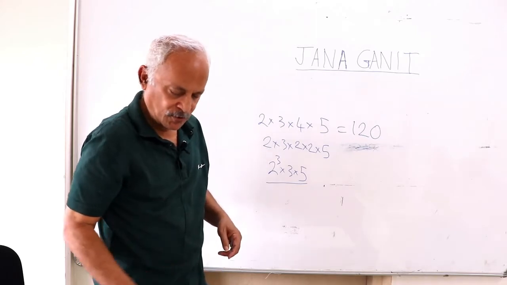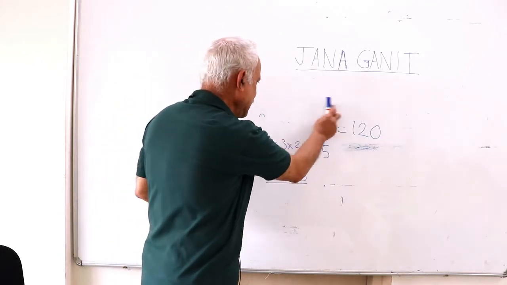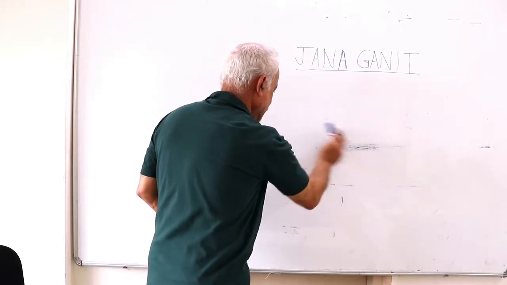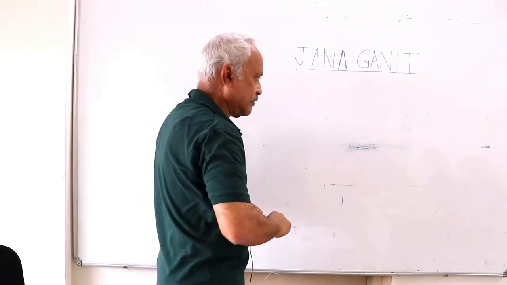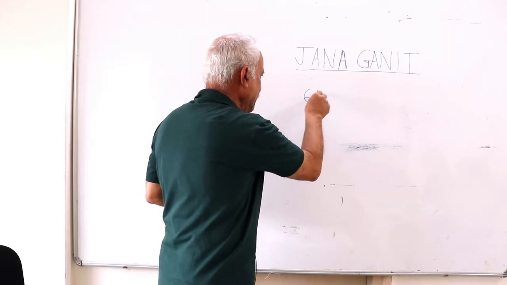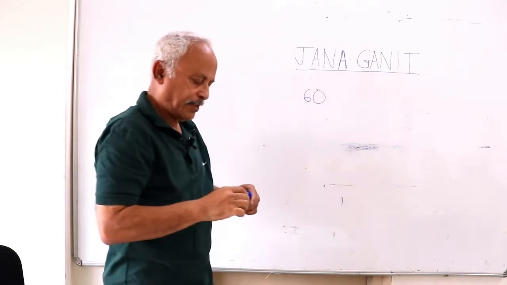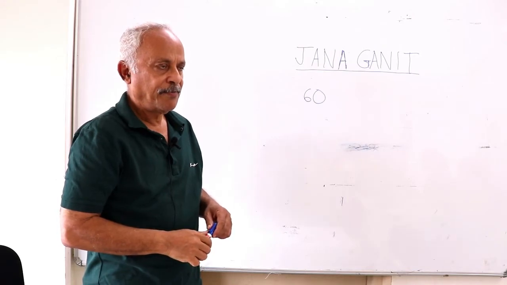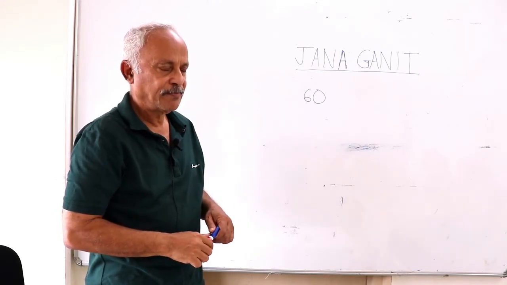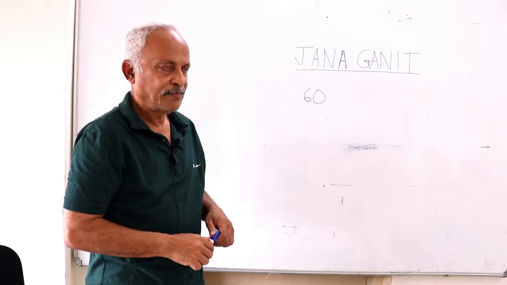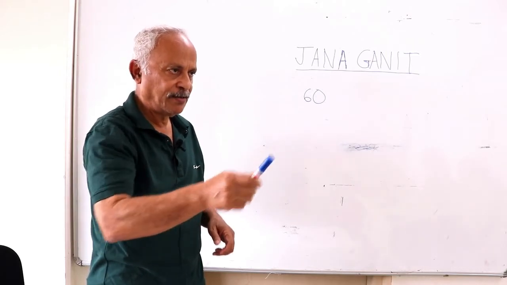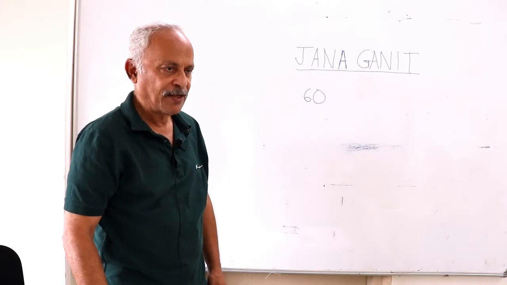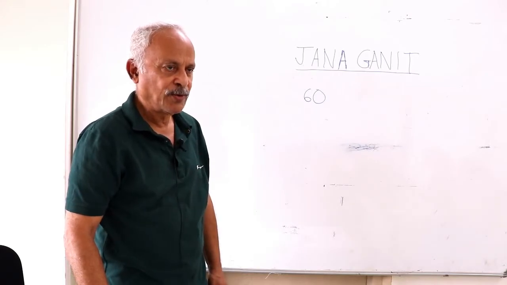So the problem that I'm going to give you now is take the number 60 and write it as a product of prime factors. Now you know the prime factors for 120. So for 60, it should be something that you can do without the calculator.